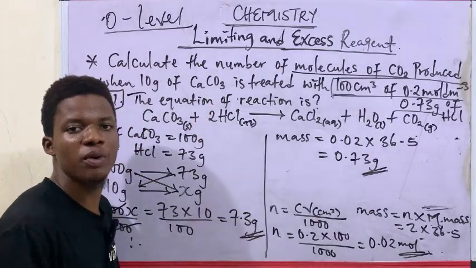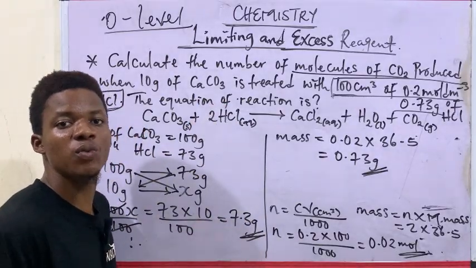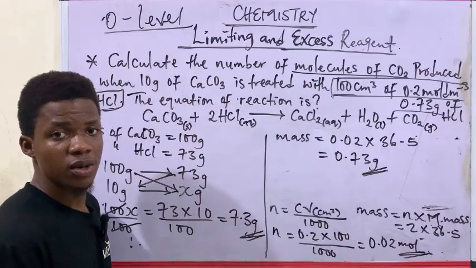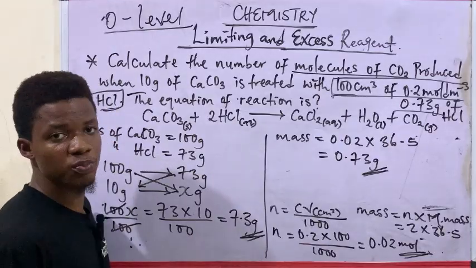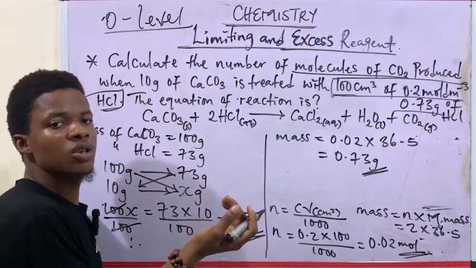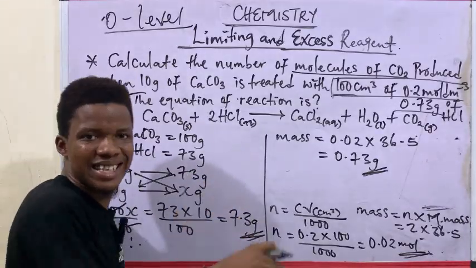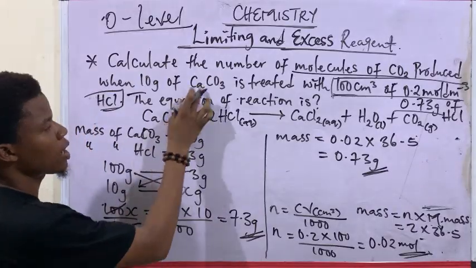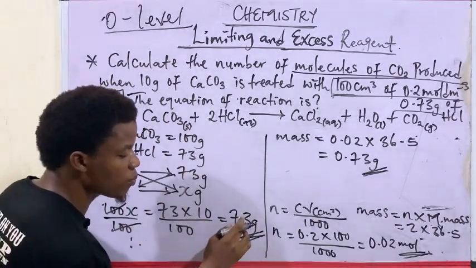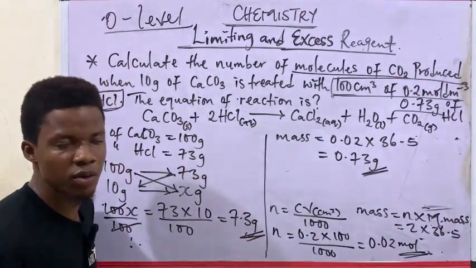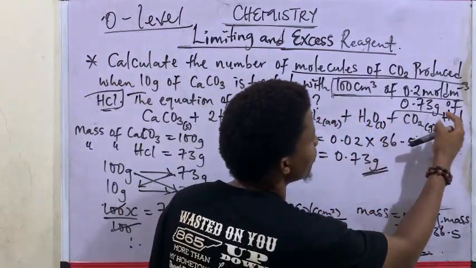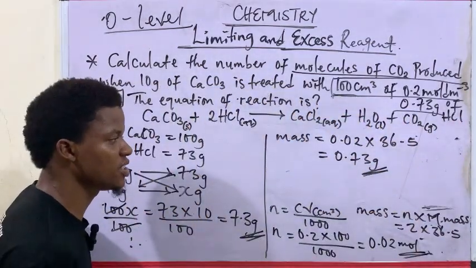Now between 7.3 and 0.73, which one is smaller? It is 0.73. All right, so 7.3 is bigger than 0.73. So they gave us HCl less than what is required. What 10 gram of calcium carbonate will require is 7.3 gram of HCl. But then in the question, after resolving this mystery, we got 0.73 gram of HCl.